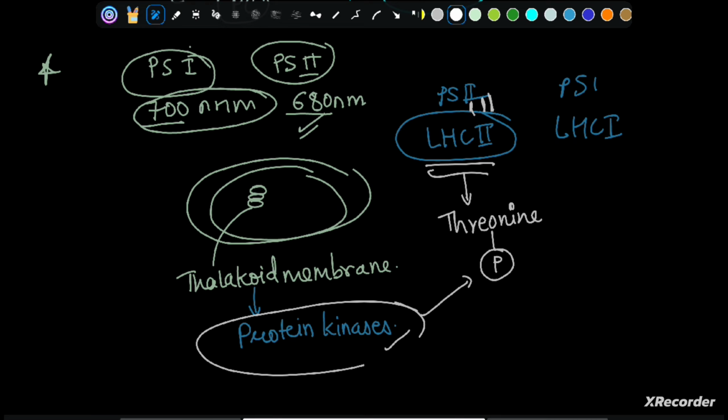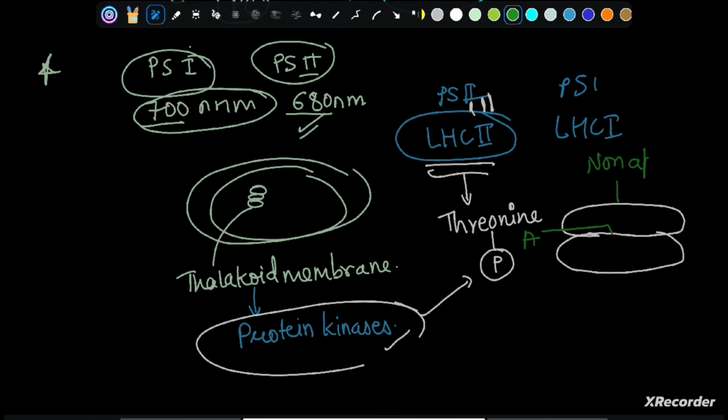Now, I don't know if I have mentioned this, but there are two sides. This is your grana. Grana has appressed sides and non-appressed sides. In the non-appressed sides, PS1 is prominent. PS1 is present in greater amount in the non-appressed side.